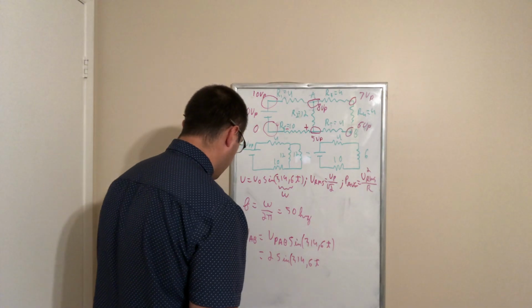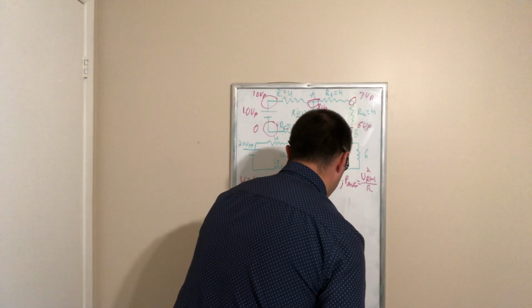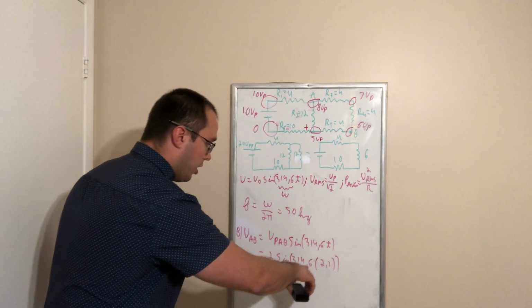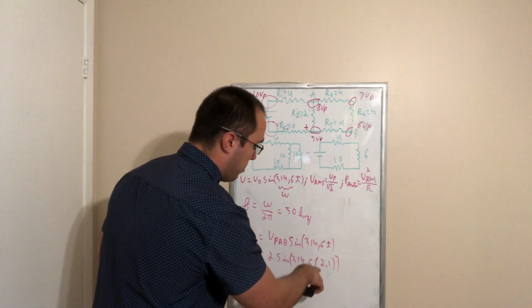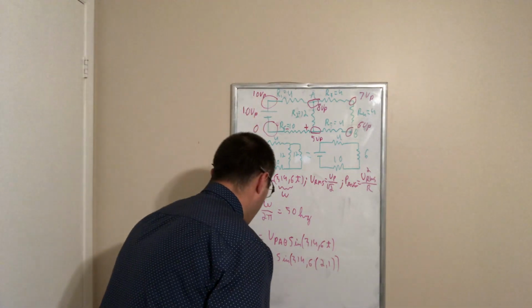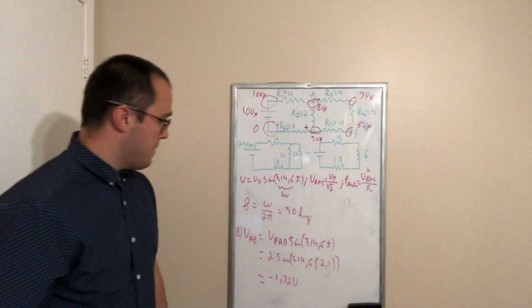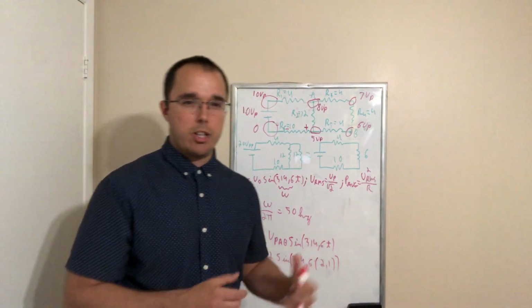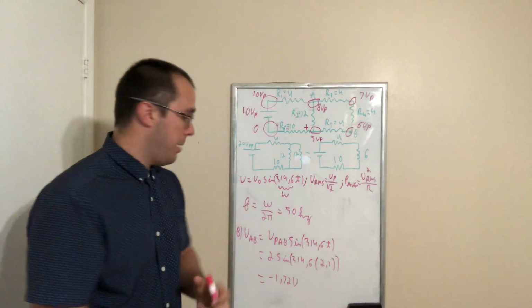So this is the answer to part B. We need to replace the time by 2.1. Once we input all the values, 314.6 multiplied by 2.1, we get minus 1.72 volt. Now, by the way, if I were to ask a similar question in a test, I would use a much smaller time frame.